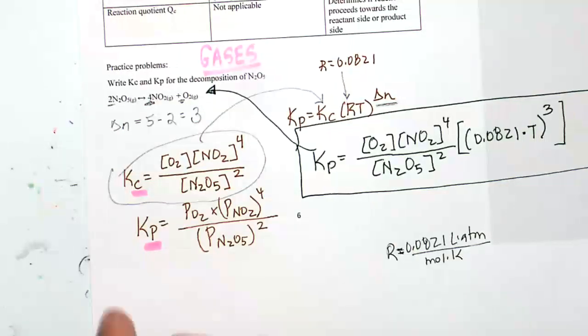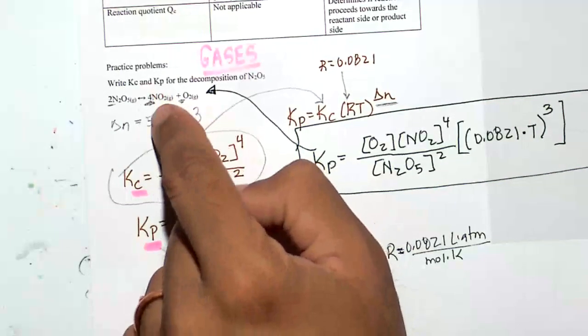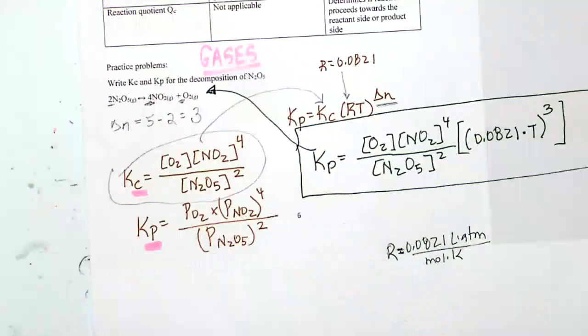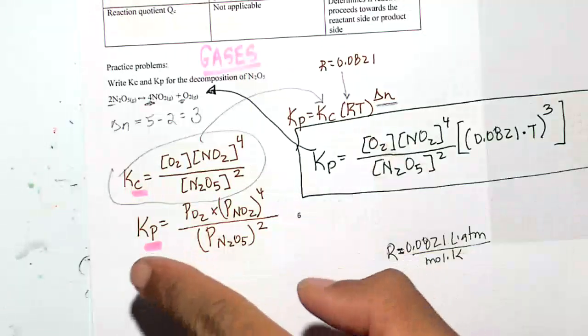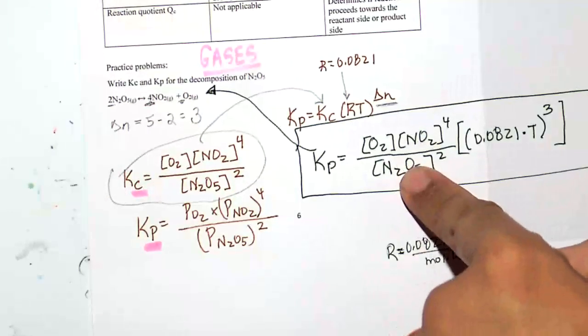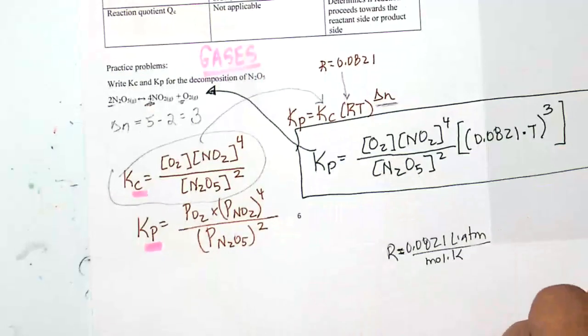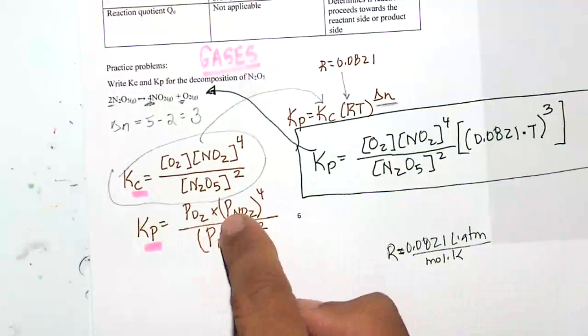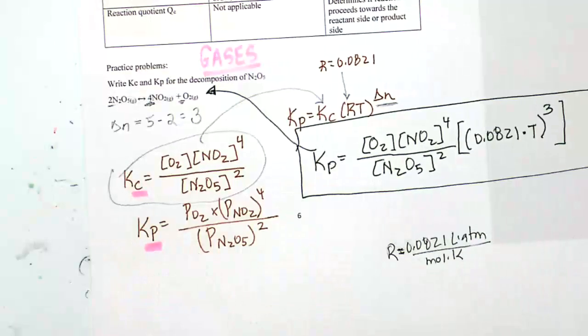Does this one give us pressures? No, it didn't give us any pressures or any concentrations, so there are no numbers in this problem. You won't see something like this on the exam. It's just how to plug things in. If I were given concentrations, I can get Kc. If I was given pressures, I can get Kp. All right, any other questions or comments here?